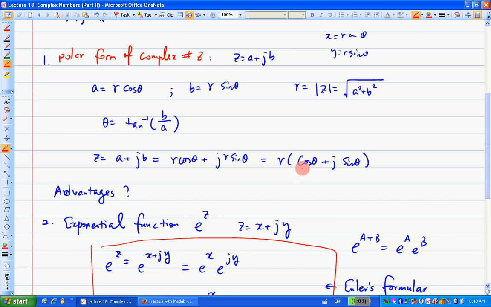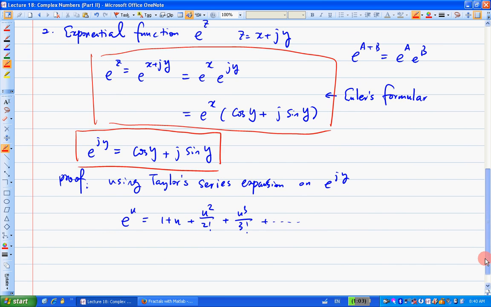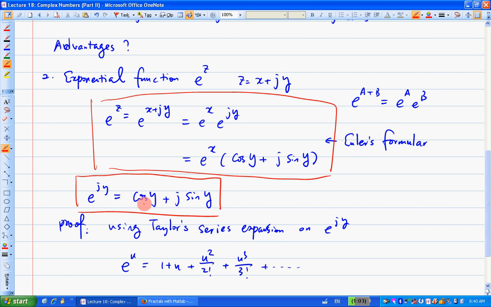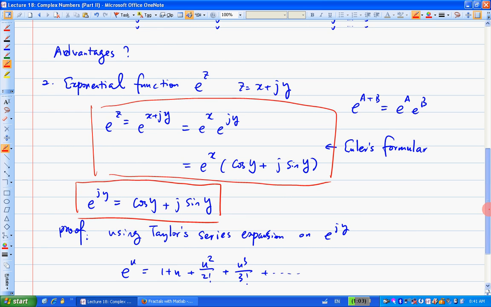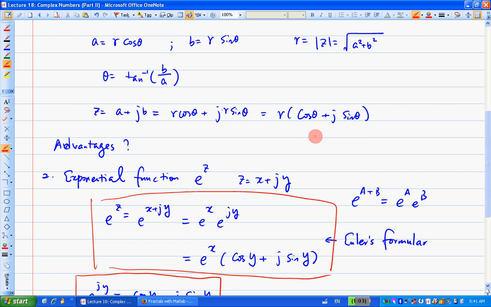Now what's this guy here? This is basically some term plus another term, right? And if I look at my Euler's formula here, that's cosine y plus j sine y, right? So if I change this y here to theta, that means this portion right here is just e to the power of j theta.